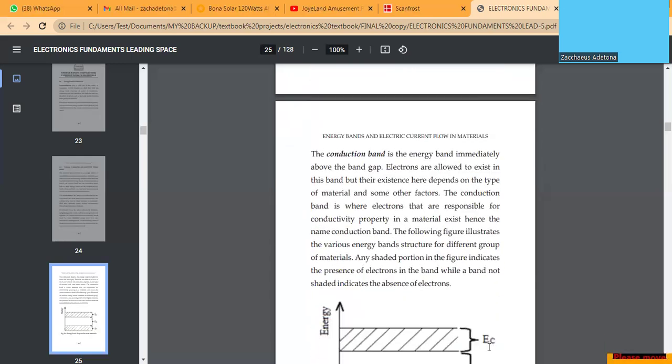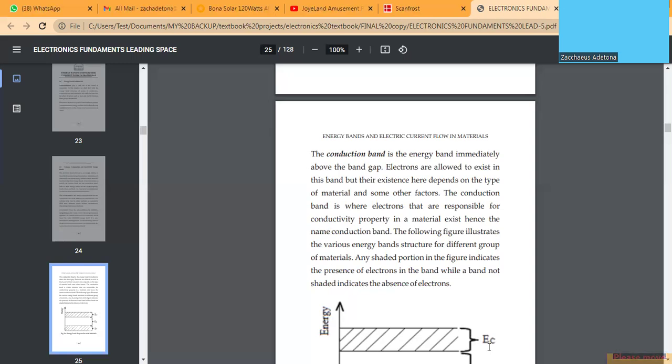For a material to conduct electricity, the electrons must make a transition from the valence band to the conduction band before the material can begin to conduct electricity.